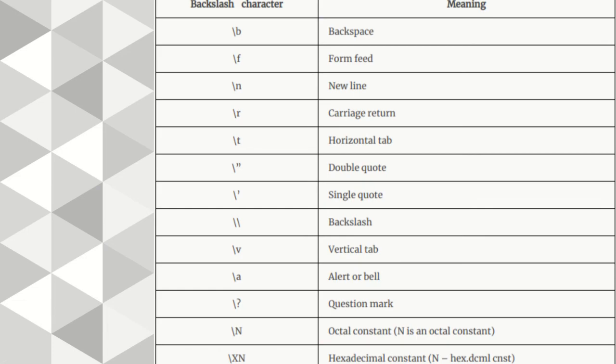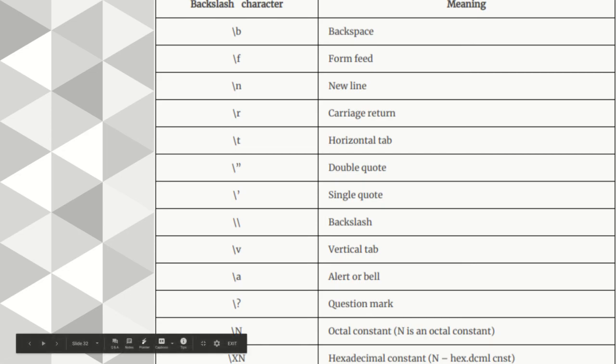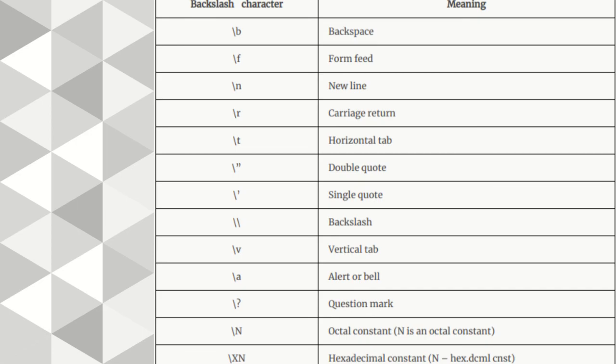You can remember this: most of the time we use slash n for new line, and form feed, backspace, horizontal tab, all those things you can use with a slash when required.